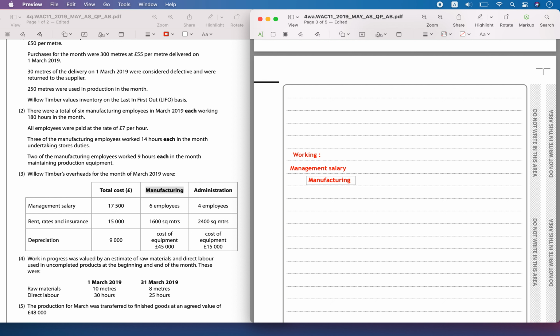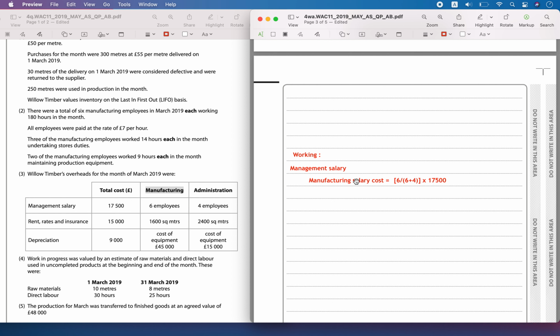There are 6 employees out of 10 employees working, so 6 divided by 6 plus 4 is the ratio, of the total cost of 17,500, which is given here.